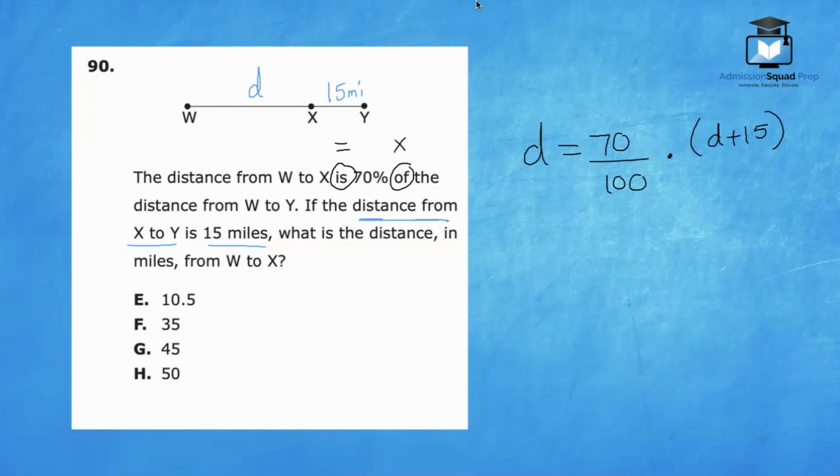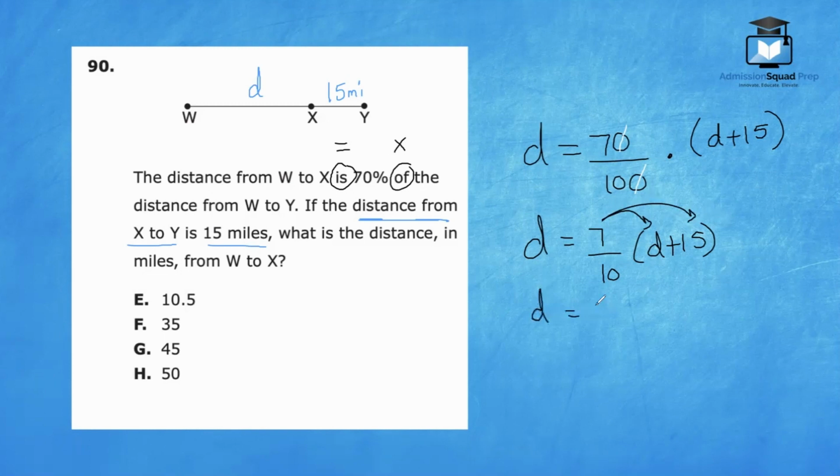Let's solve this equation. We can first simplify 70 over 100. So these zeros will cancel out. Now we are left with D equals 7 over 10 times D plus 15. We can then distribute 7 over 10. Let's see what we have. D equals 7/10 D plus 105 over 10. Let's combine like terms by performing the inverse operation.